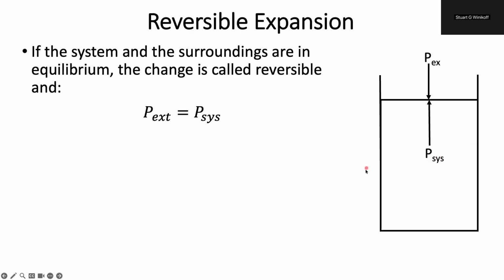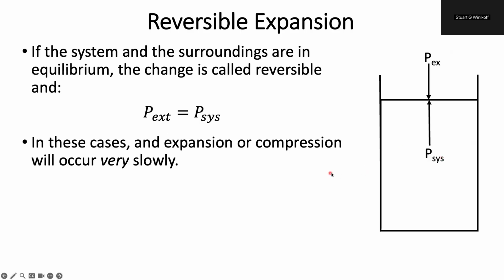But either way, any change that would occur is going to occur very slowly. Because if you have two equal and opposite forces, they cancel each other out and nothing really happens. So that means that if the system does expand, it's going to happen because these are almost the same, just very slightly off. The closer they are, the more truly reversible a system is.